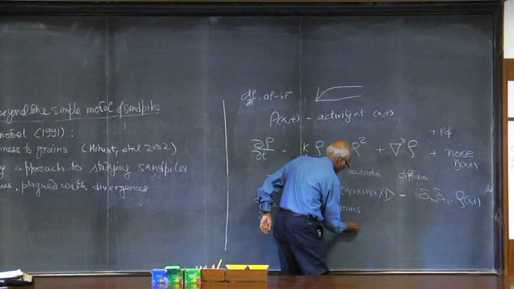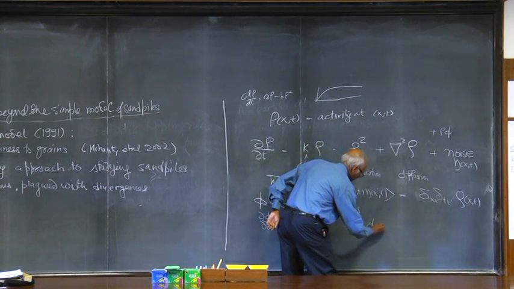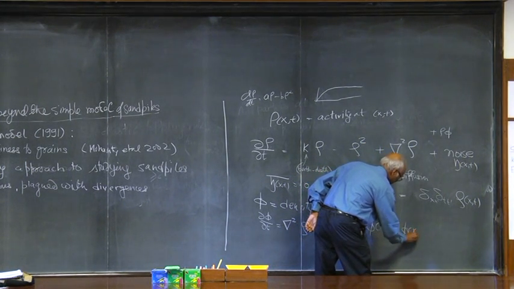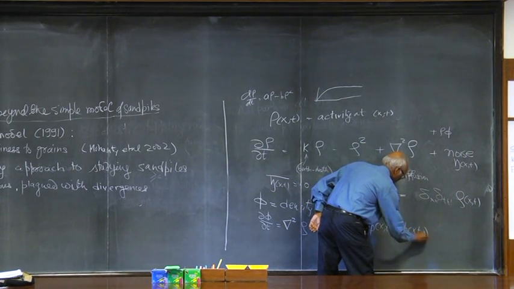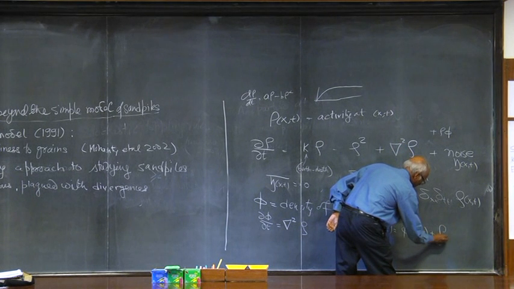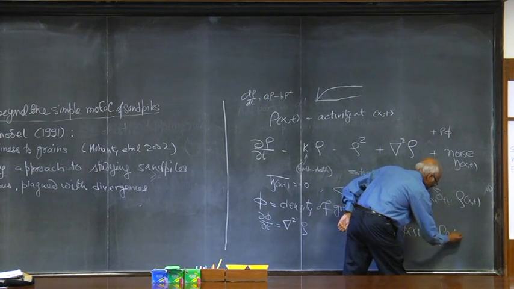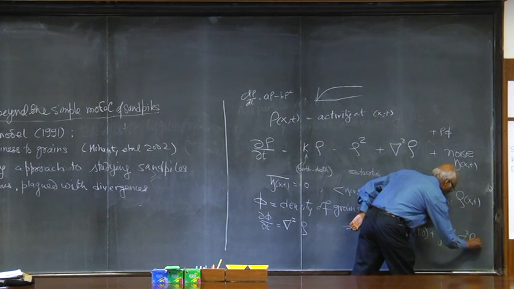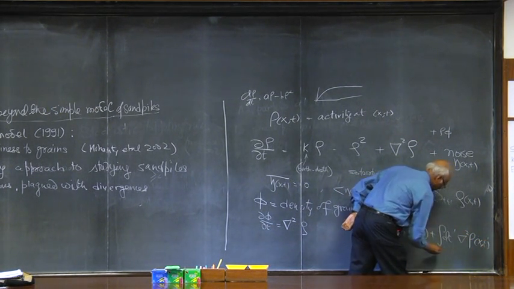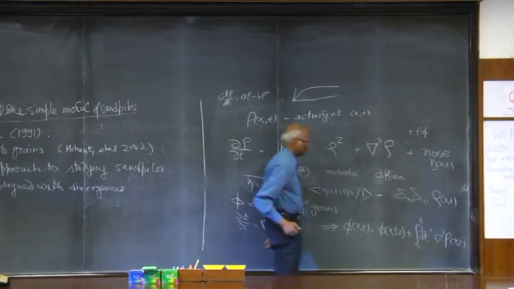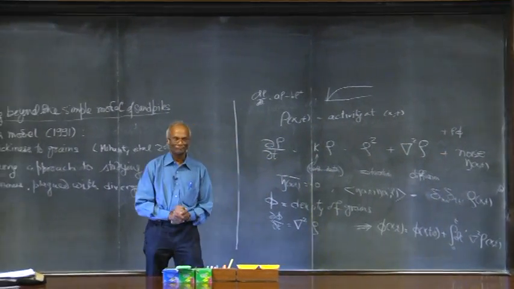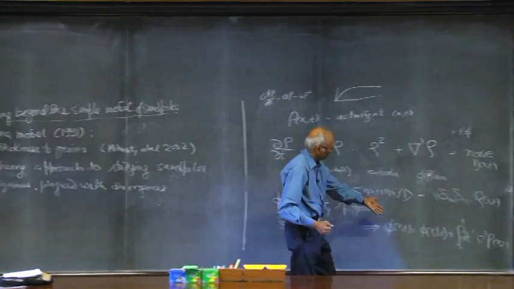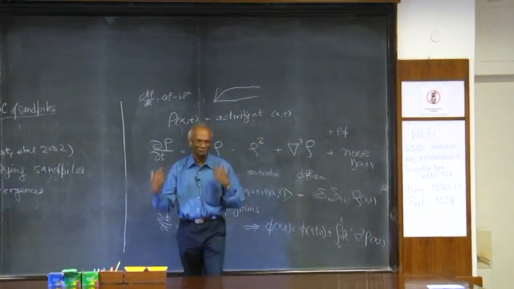This says that phi of x, t is equal to phi of x at t equal to 0 plus the integral dt prime of del squared rho of x, t prime. Okay. That is not a problem, that is straightforward, immediate.